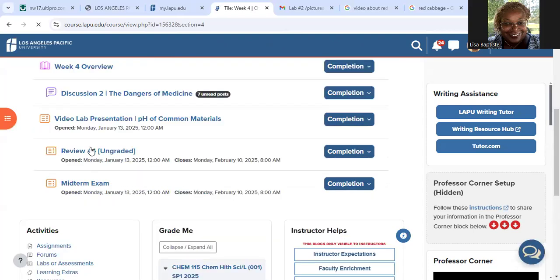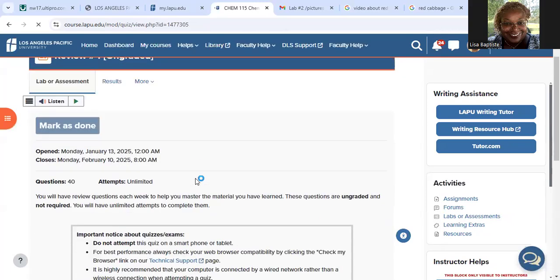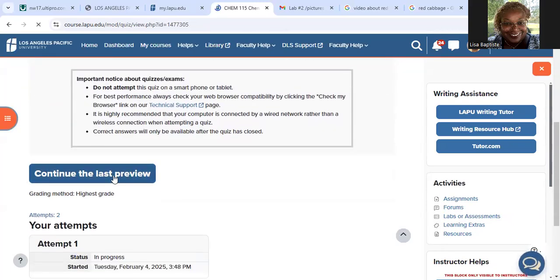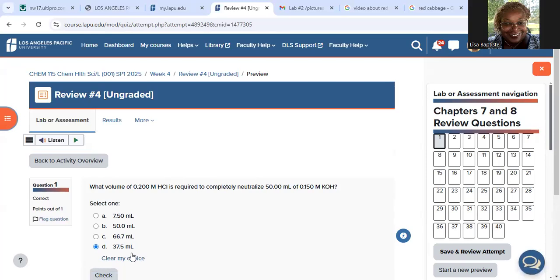If we look at week four, we see that the midterm is this week, but week four also has a review. The information for this review will also be on the midterm exam.